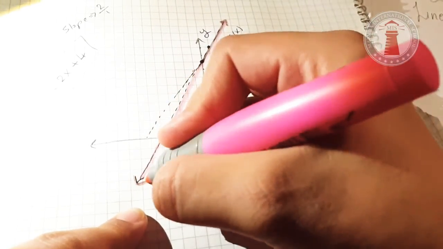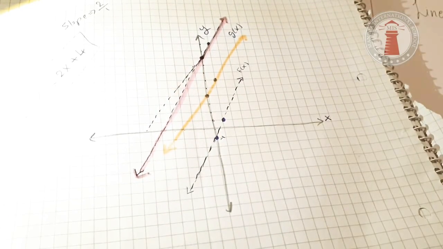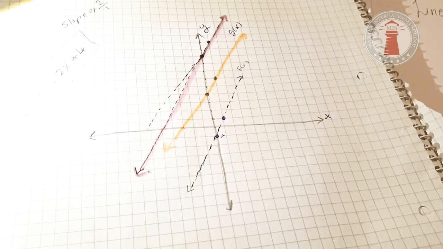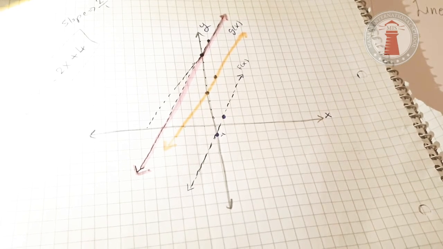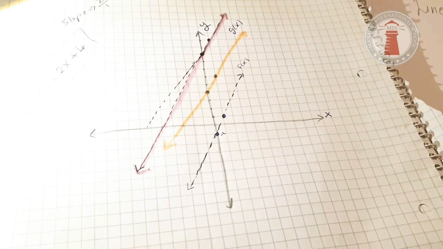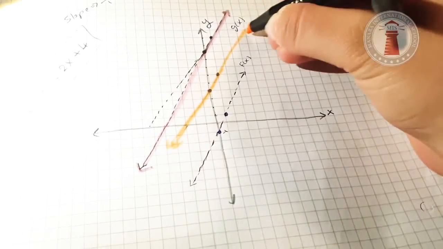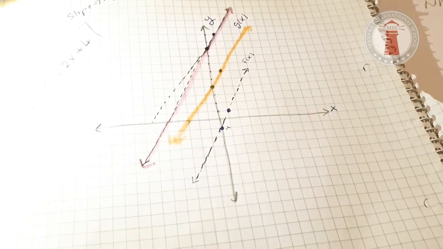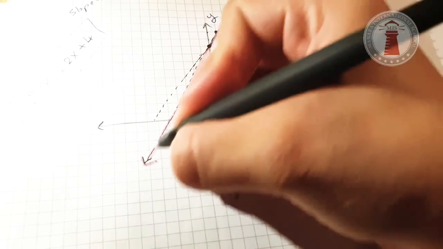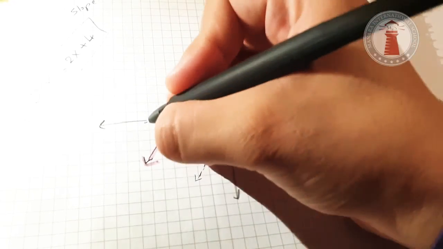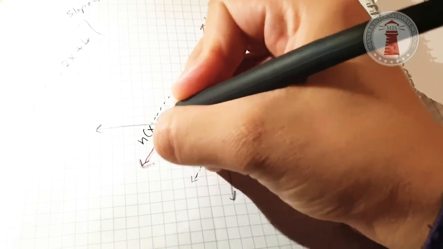This is h of x. The pink line right here is h of x.